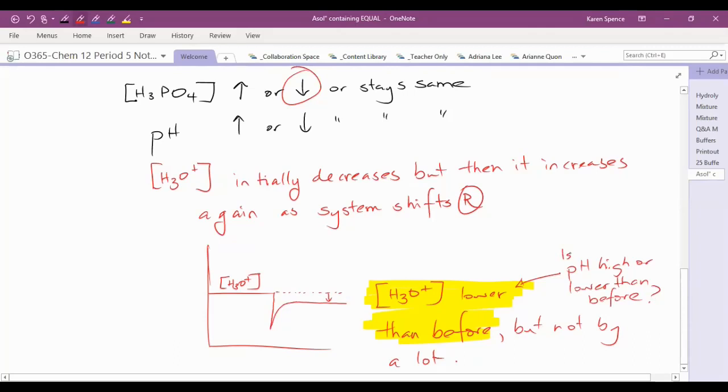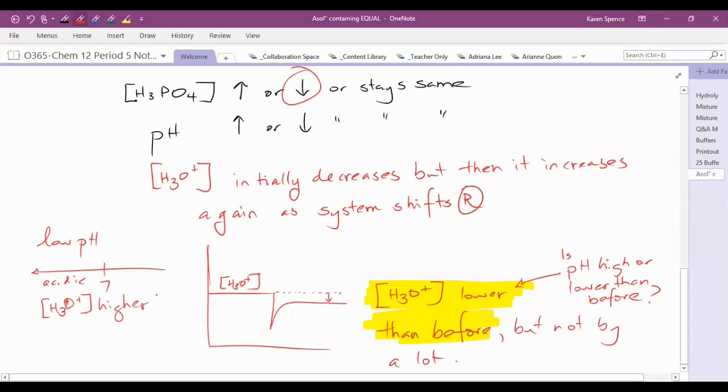Okay, this is always tricky. Remember that pH, if you have a low pH, say less than 7, that is acidic, okay? And that means that if it's acidic, the hydronium concentration is higher.